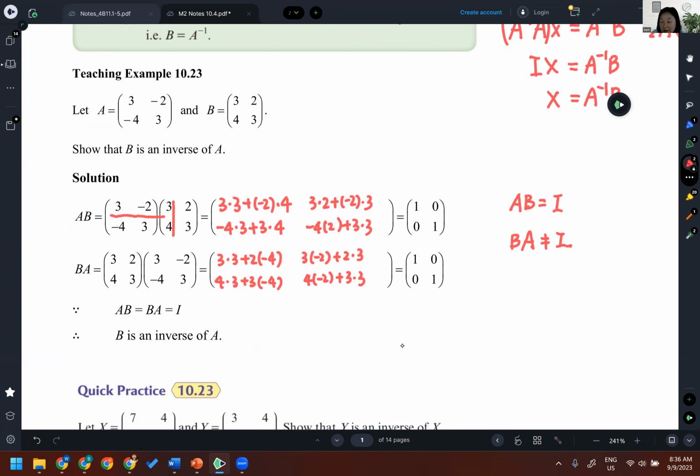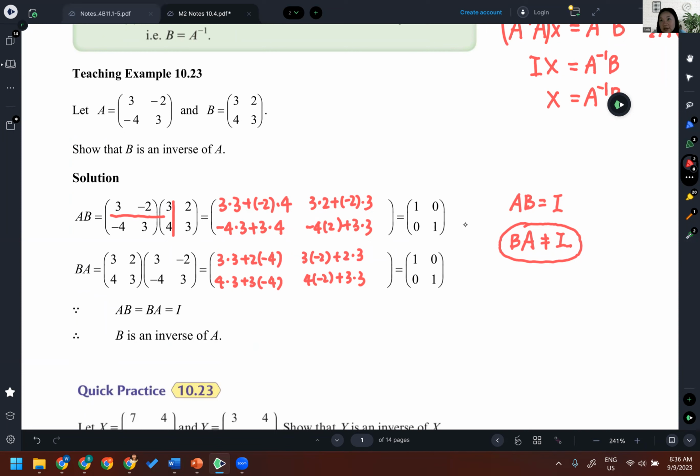I can tell you that this cannot happen, but it requires further knowledge to understand why. So in reality, if A times B equals I, then definitely B times A will equal I, but it's not easy to prove though. It's also not in our textbook.